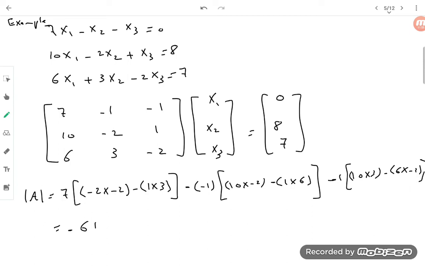As there are 3 x's, we have to calculate 3 other determinants. Determinant A1 is calculated after the replacement of column number 1 with the values of D, which equals 0, 8, and 7, and the rest of the matrix stays as it is. Now we calculate determinant A1.